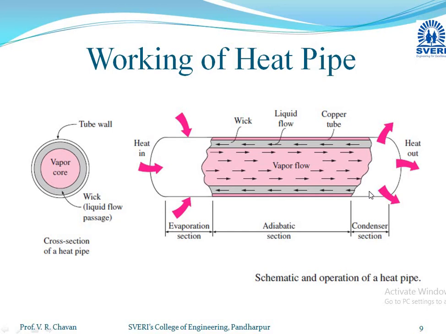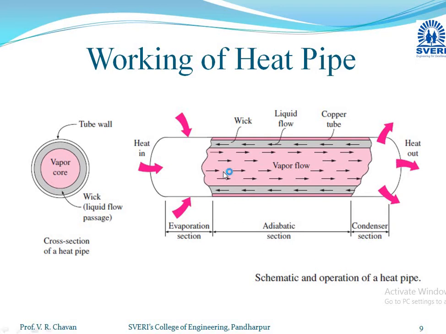Now here is the important role of the wick structure. This wick structure will transfer the working fluid in liquid form to the evaporative section by capillary action. So once again, the liquid will be present in the evaporative section in the wick structure, and the cycle will repeat.